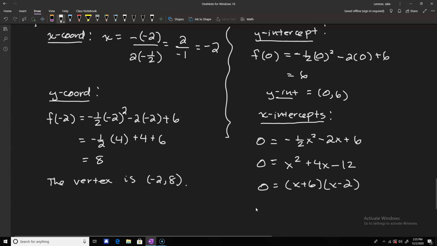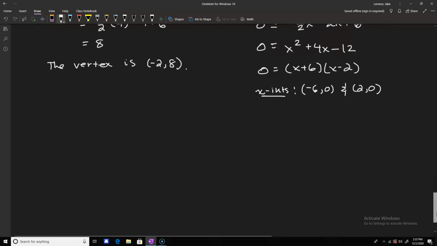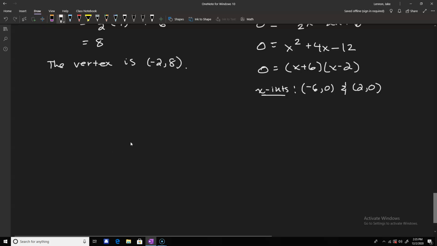So we have two x-intercepts. The numbers that would make each factor 0. So we have negative 6, 0, and 2, 0. So those are the x-intercepts. So now we found all the intercepts and the vertex, and graphing should be pretty easy.